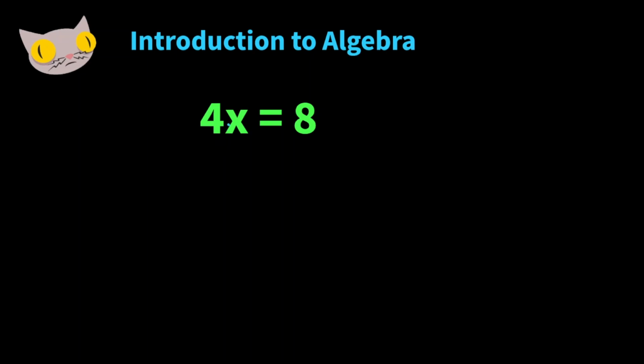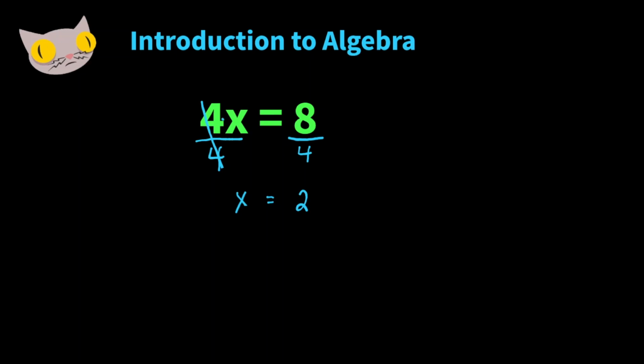Since we're multiplying, we can divide the 4 out on this side, and we can divide the other side by 4 as well. This will cancel out because 4 divided by 4 is just 1. And over here, 8 divided by 4 is going to give us 2. So x is equal to 2.